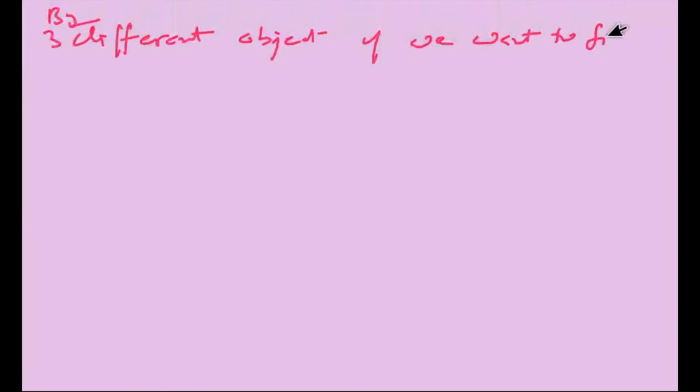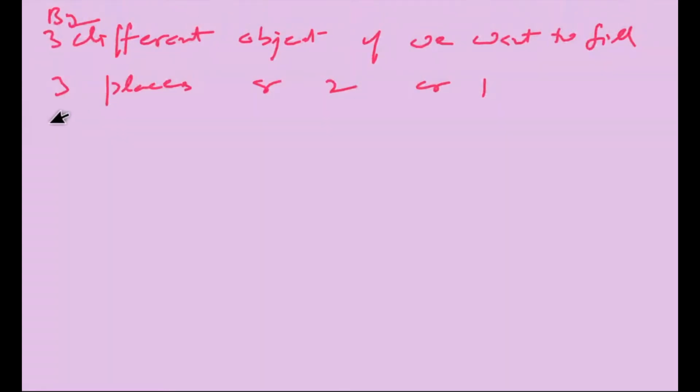Okay students, this is also very difficult. If we want to take a new formula, then what will be the new formula? By 3 different objects, if we want to fill 3 places or 2 or 1, we cannot fill more than 3 places.